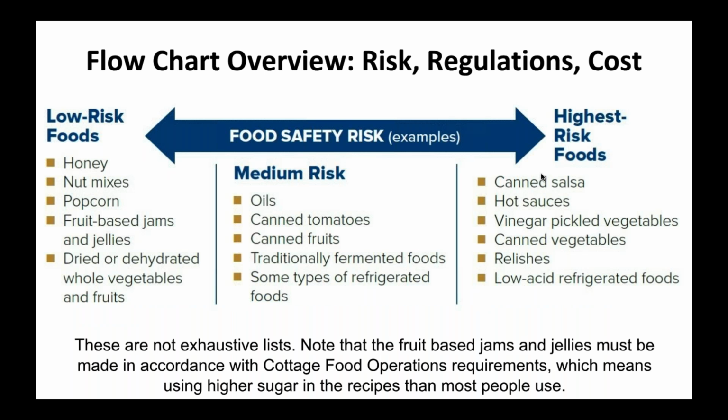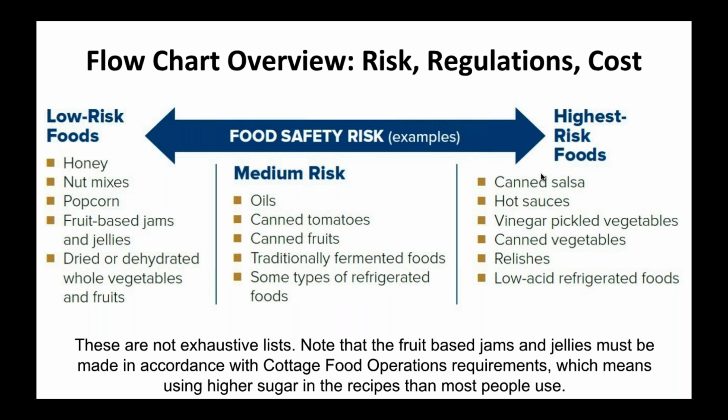All right, so as you're thinking about getting into the food processing business, one of the really important things to think about in the beginning is that different types of processed foods inherently have different levels of risk.